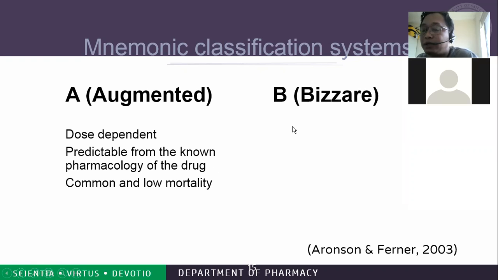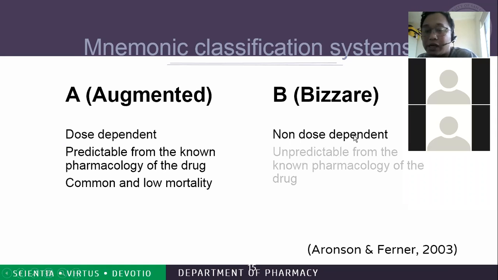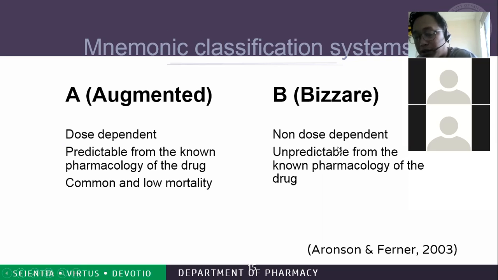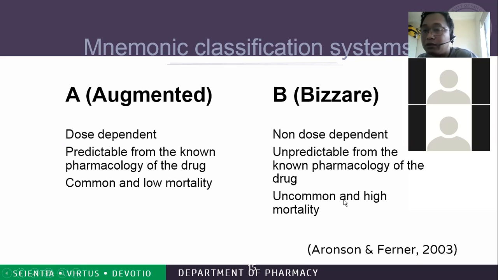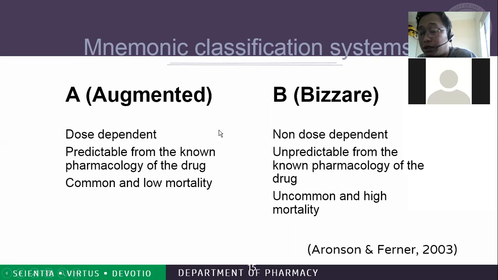For the B type reactions, the bizarre, it is non-dose dependent. It is unpredictable and can lead to a high mortality. For example, Stevens-Johnson syndrome is an example of the bizarre type of adverse reactions.